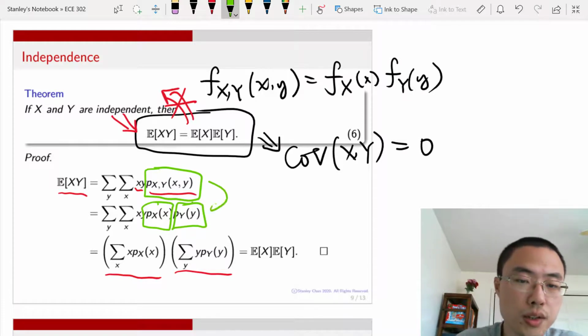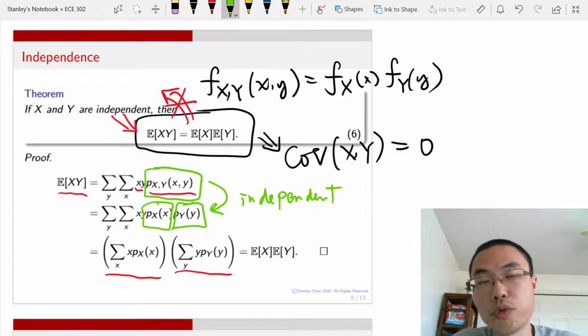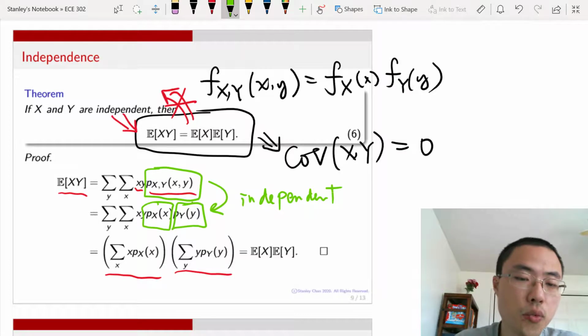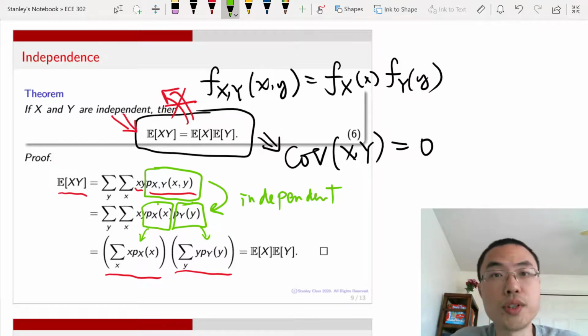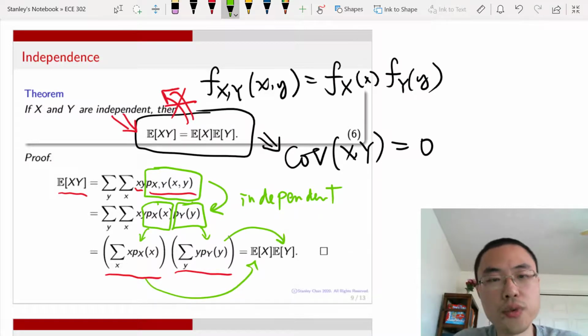This is true because the random variables are independent. If they're not independent, then you cannot write it this way. Once you can, you can separate this double sum into the product of two simple sums, and each individual one will give you their expectations, and therefore you can prove the result.